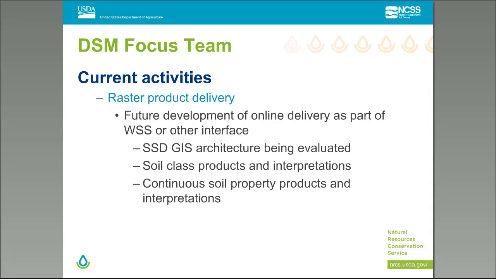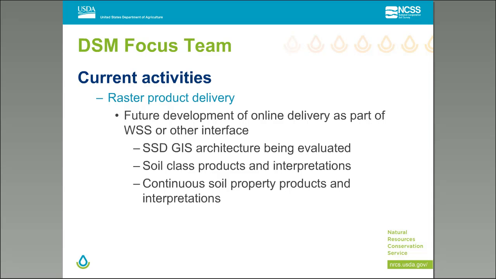And we see there is a need for this for our Raster class products. So products that are component or map unit based, being able to interact with those, generate interpretations just like we can now with our vector data, and then also a delivery mechanism for these nationwide continuous soil property products. Also with the ability to generate interpretations from those continuous soil properties.